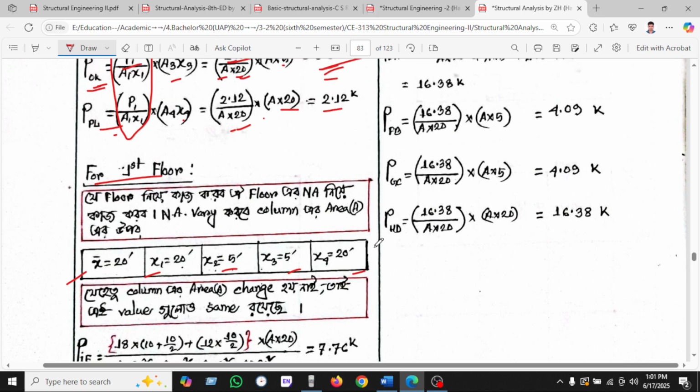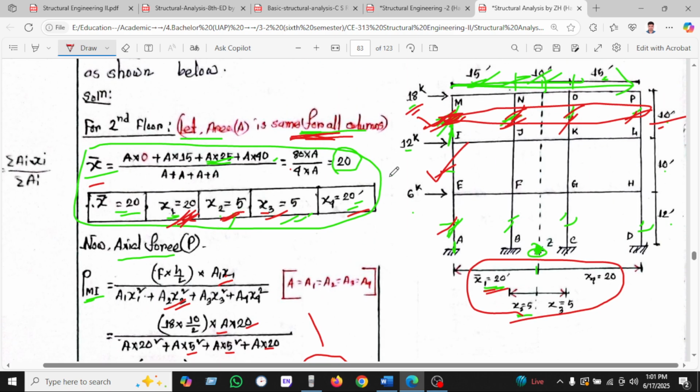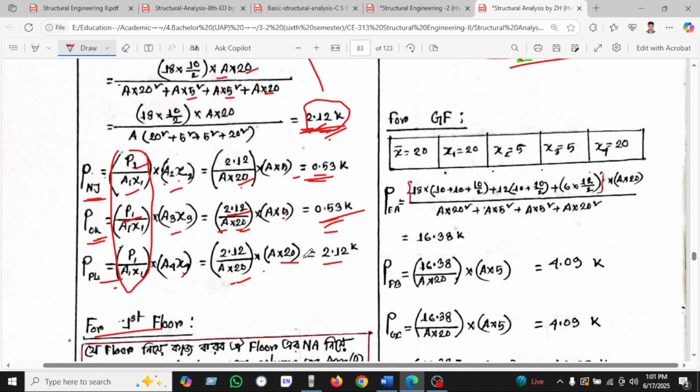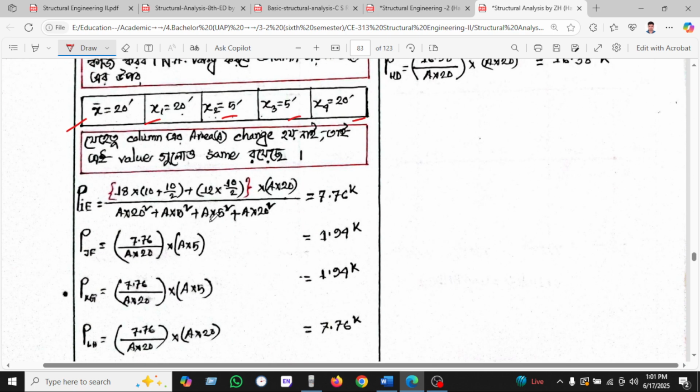If the section and distance change, or the shape is irregular, then the CG and X1, X2, X3 will change. In the same way we put all the values here and find 7.76, 1.94, 1.94 and 7.76.